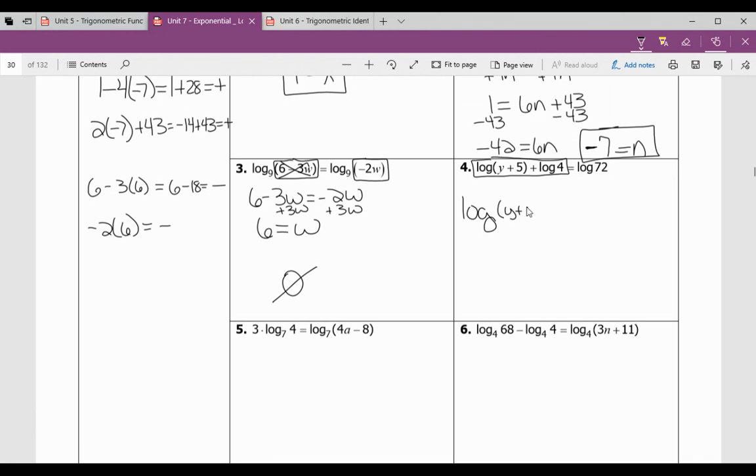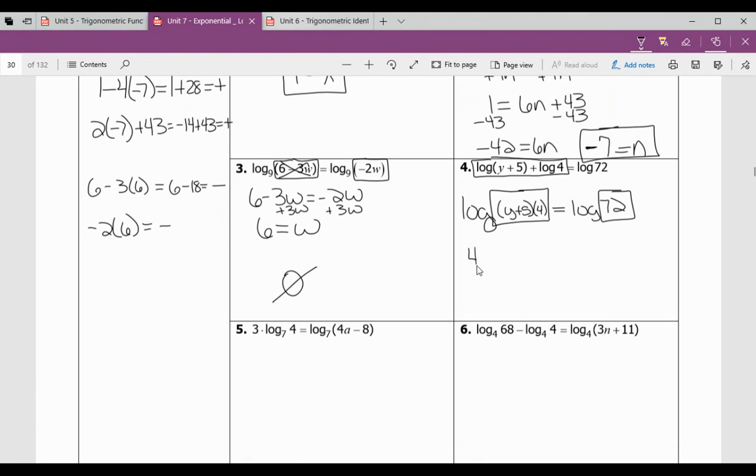So y plus 5 times 4, and that's going to equal log of 72. So I took both of those, used my product property that we talked about the other day, and I condensed it down to 1. Now I can set this value equal to this value.